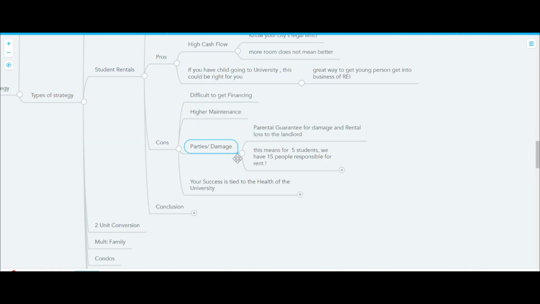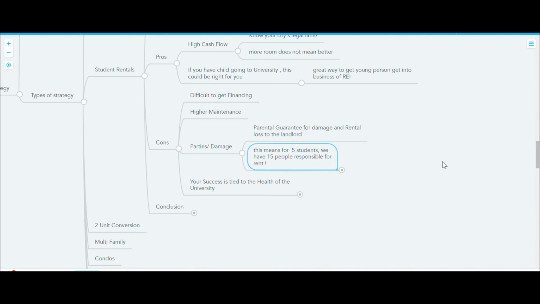And one of the ways we can avoid that is to have each of the students sign a parental guarantee. So the parents are literally guaranteeing for the damage and the rental loss to the landlord if anything happens. And you can also call up the parents if the child is causing problems, and usually that should resolve the issue.